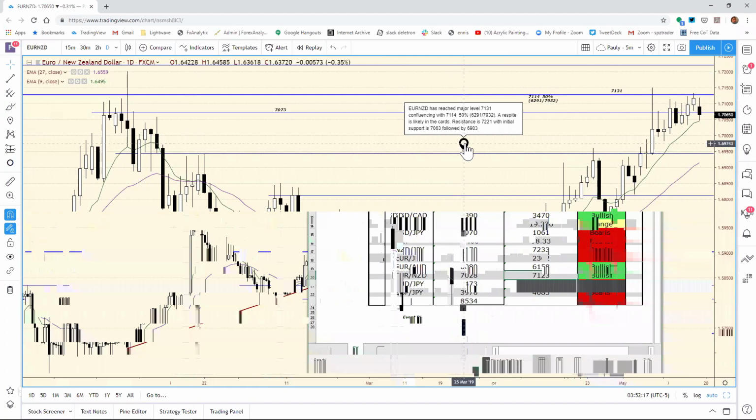Confluence was 71.14. The 50% of the entire move is 62.91 to 79.32. A respite is likely in the cards. Resistance is 72.21 with initial support at 70.63.